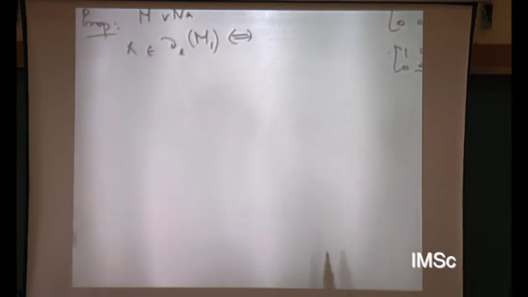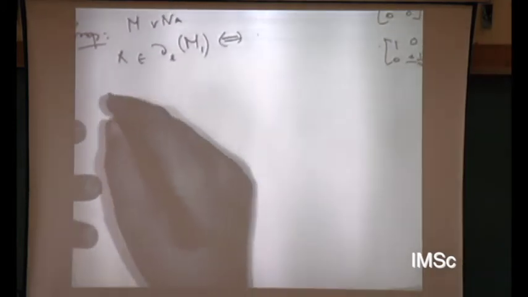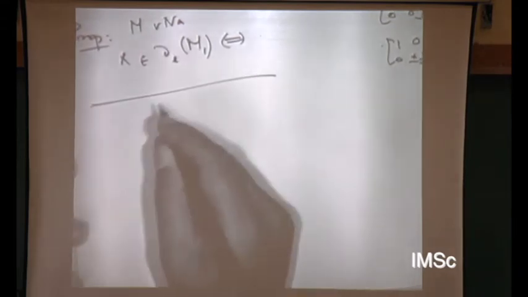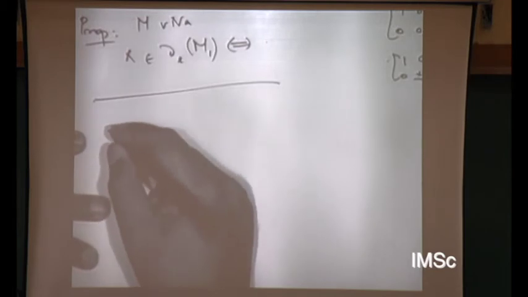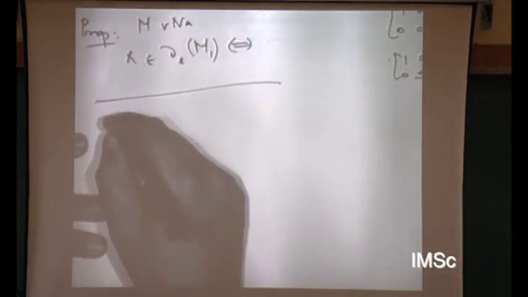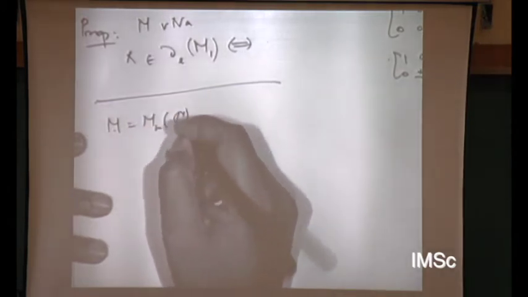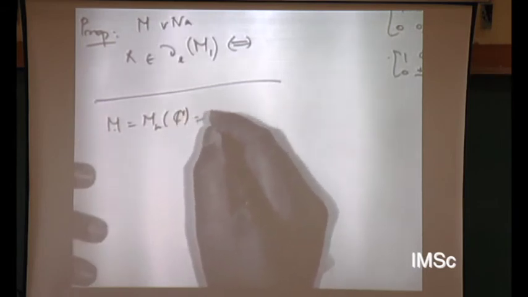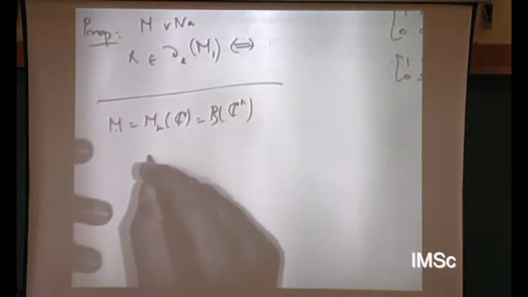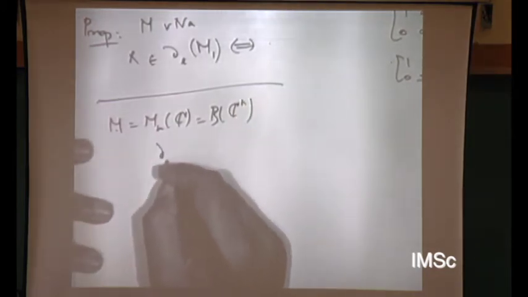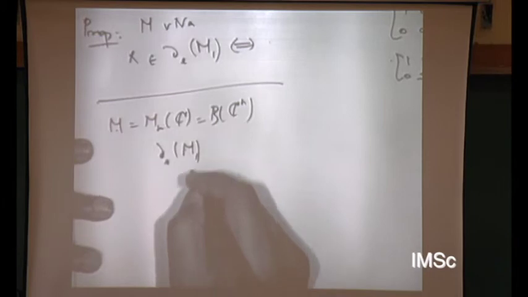So, since we've gone into the digression, might as well do it properly. So let us take M equals M_n(C) or B of C^n or whatever. And I want to look at what the extreme points of M1, the unit ball of M, are.